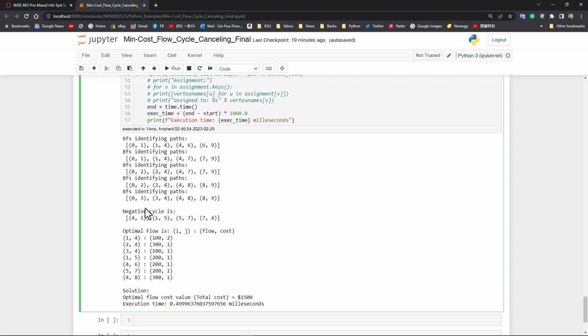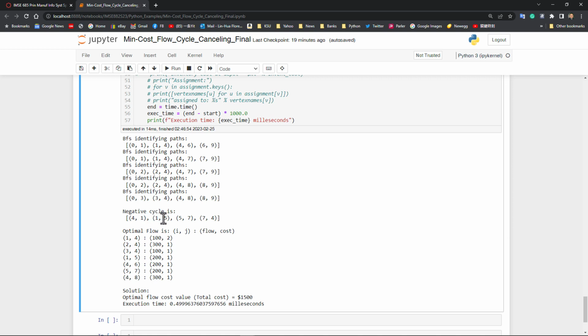And then we're going to call the so-called Bellman-Ford shortest path algorithm, trying to find out if a negative cycle exists. And then we find one, only this time. We find one going from 4 to 1, 1 to 5.